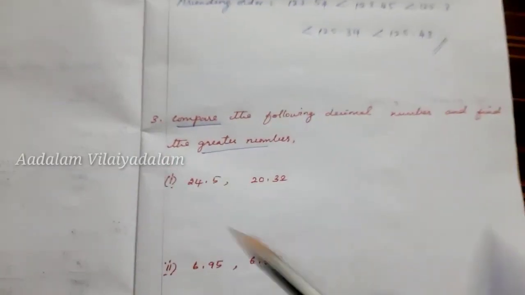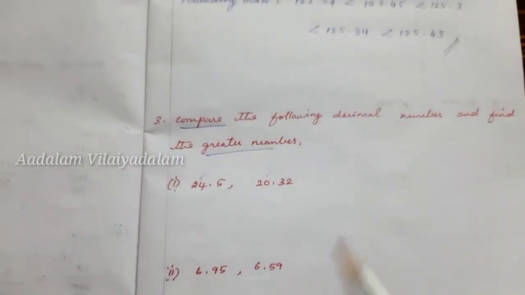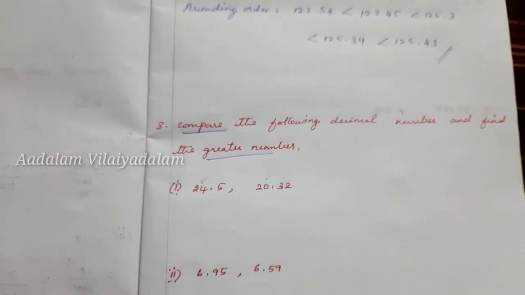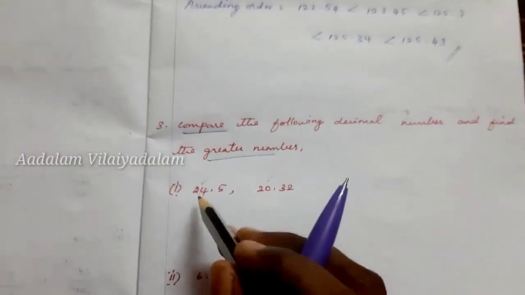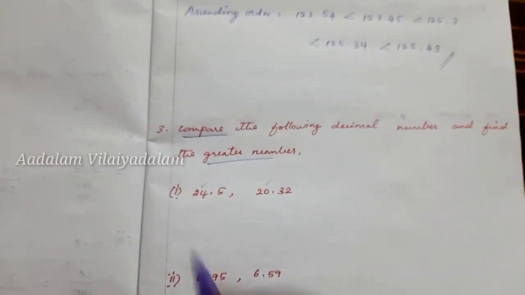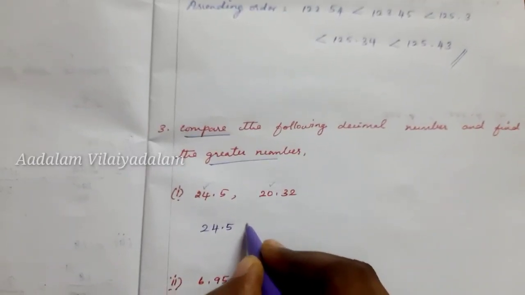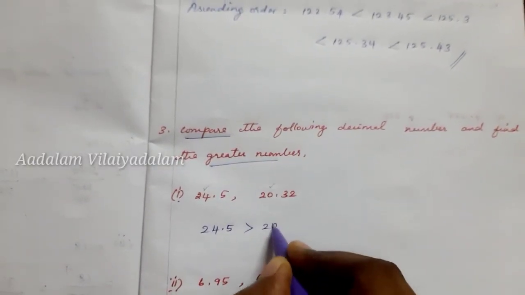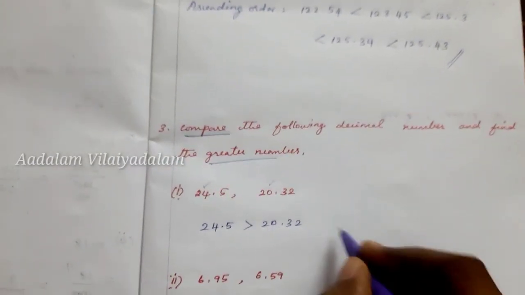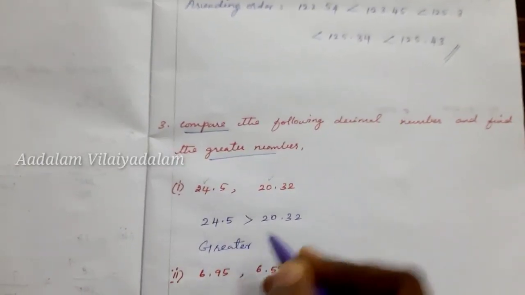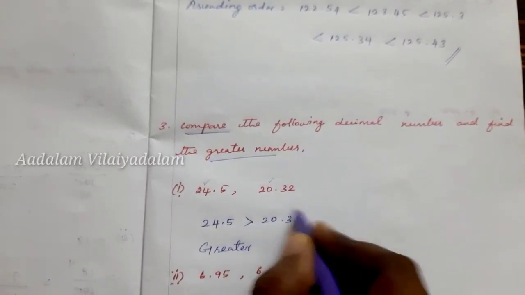What we get here? 24 and 20. Comparing this, which is the bigger one we can say? So 24.5 is bigger, isn't it? So we can write 24.5 is greater than 20.32.